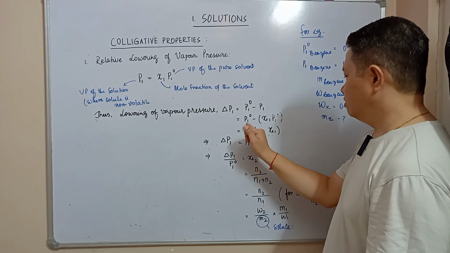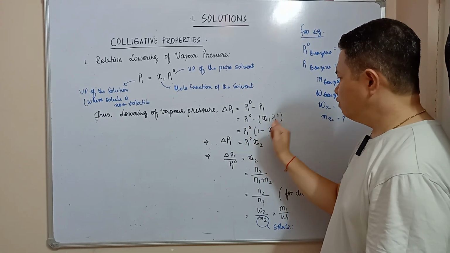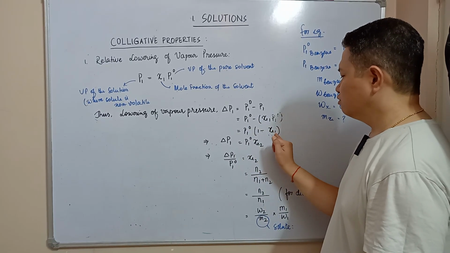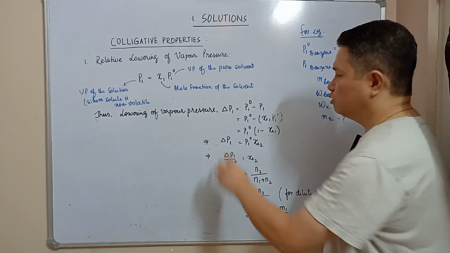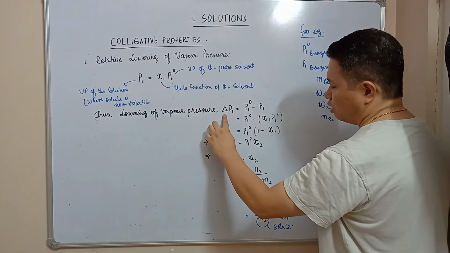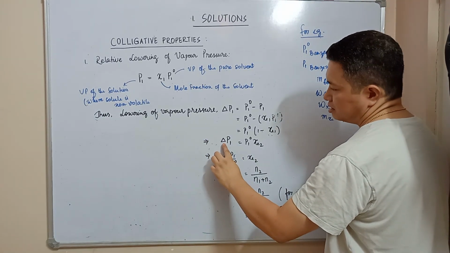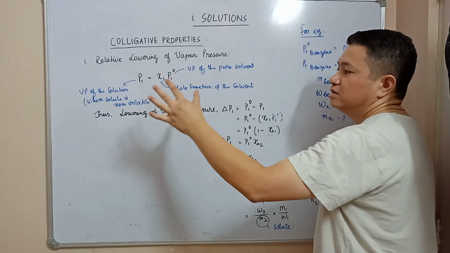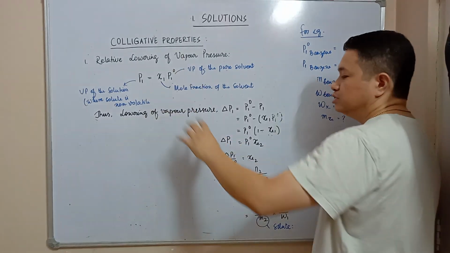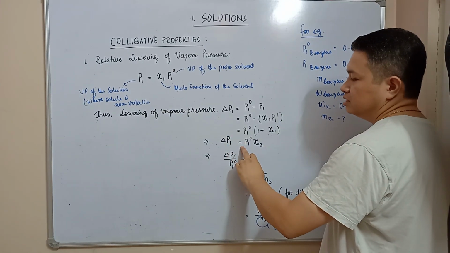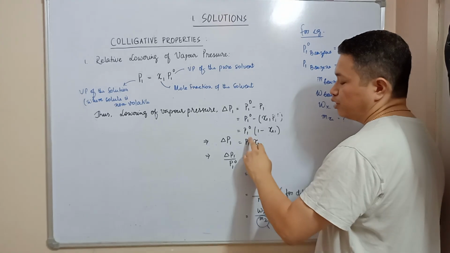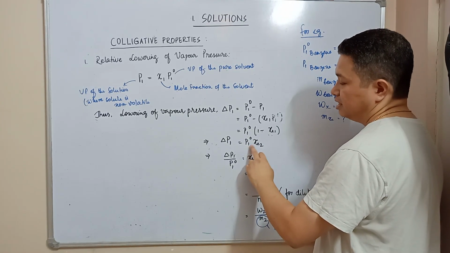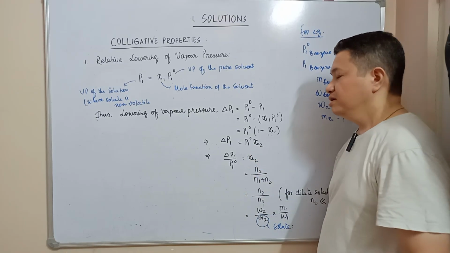So when I take P1 naught as common, what remains? 1 minus x1, and 1 minus x1 is what is called x2. So what has come out? Delta P1, that is lowering of vapor pressure of the solvent, or of the solution, is equal to the product of the vapor pressure of the solvent in its pure state and the mole fraction of the solute. So it's a relationship.